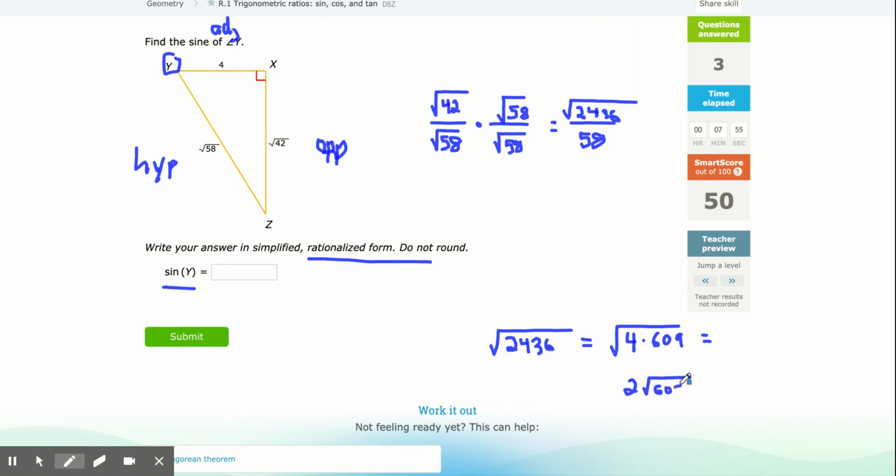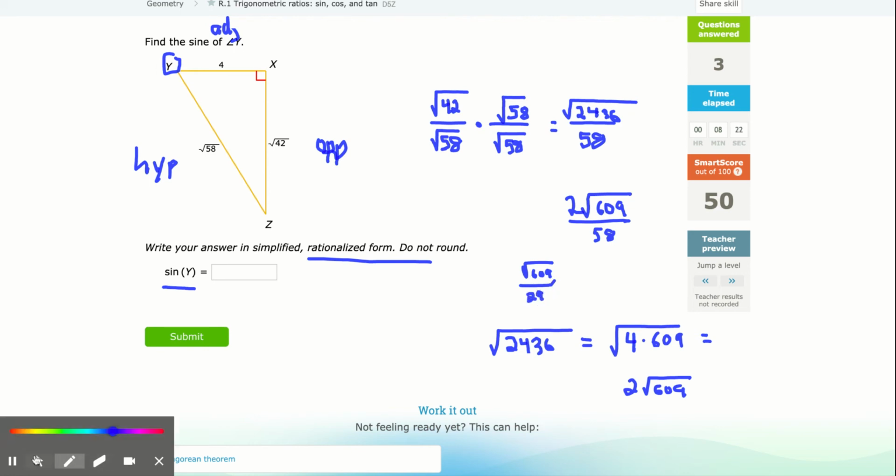So I'm going to rewrite this as 2 square root of 609 divided by 58. But again, 58 and 2 have 2's in common. So that's going to reduce to just the square root of 609 over half of 58, which is 29.